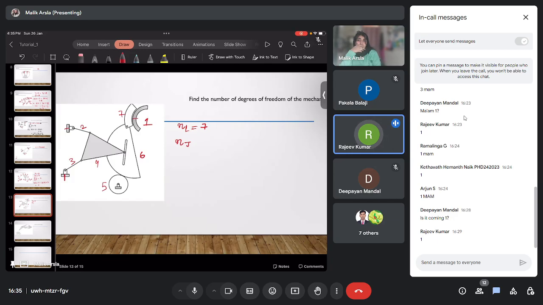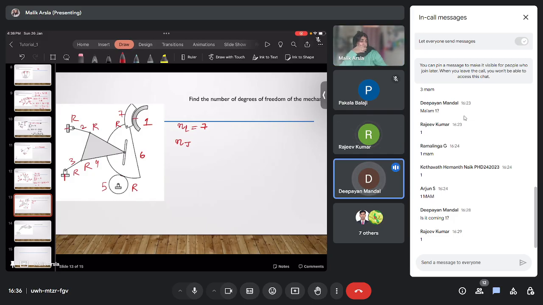Total revolute joints: 1, 2, 3, 4, 5, 6 revolute joints, and one prismatic joint, one rolling joint here.